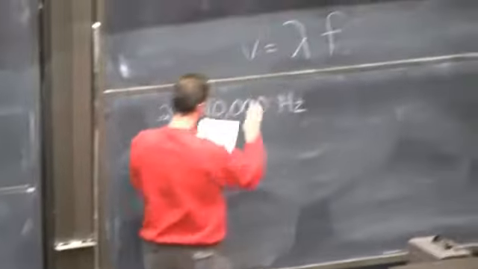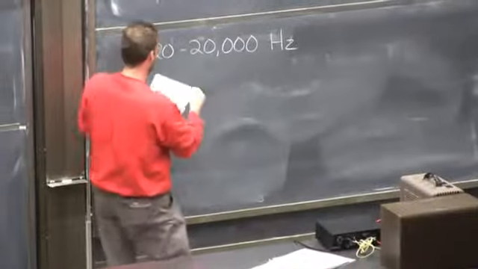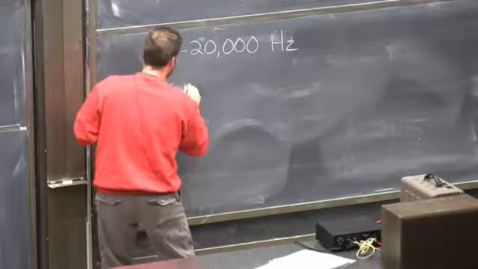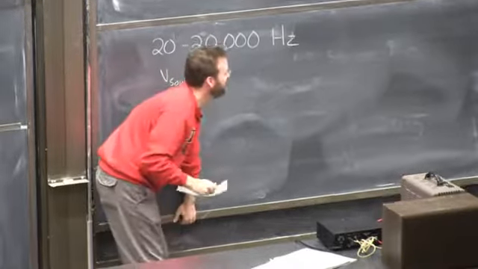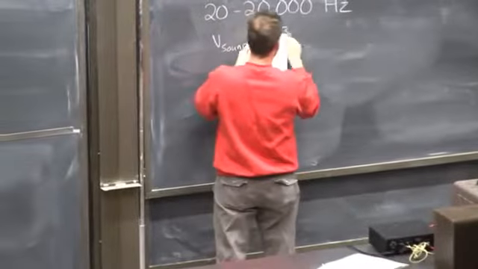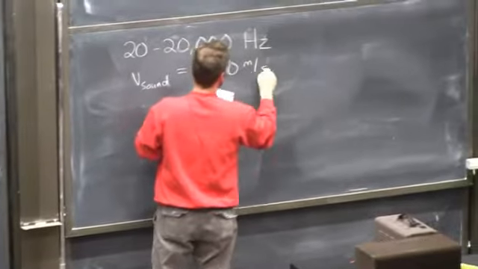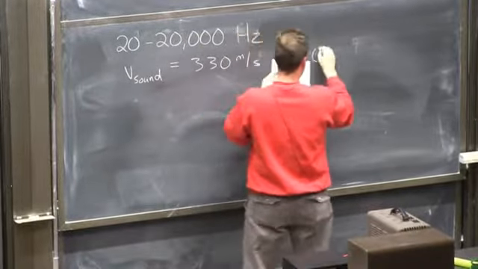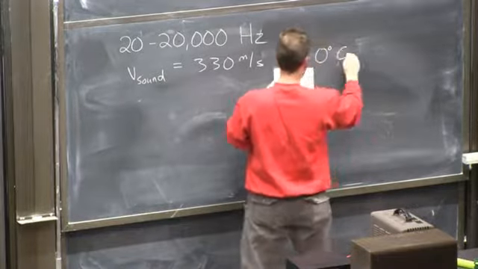We got this relationship. What is the speed of sound? Well, the speed of sound is 330 meters per second at 0 degrees Celsius.